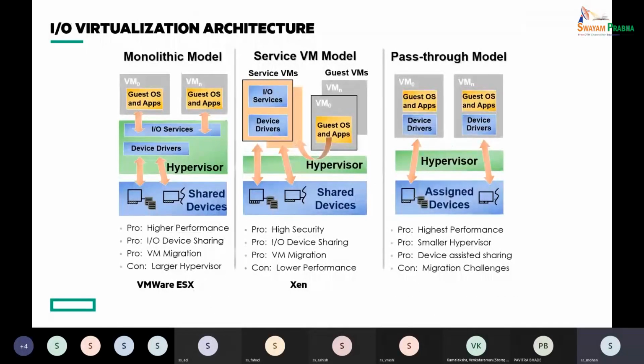On the I/O side, I think there were multiple models again. Like I said, there was this monolithic model where the hypervisor could actually manage the I/O drivers and the I/O services, and it would basically have the I/O drivers, but it would mean that the hypervisor has to write all the drivers again, which the operating system would have already done.